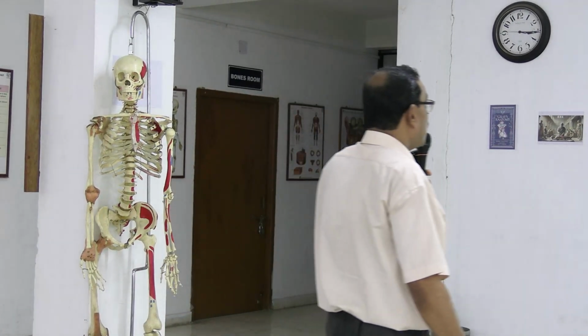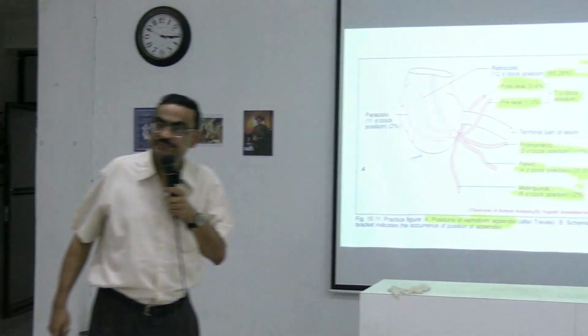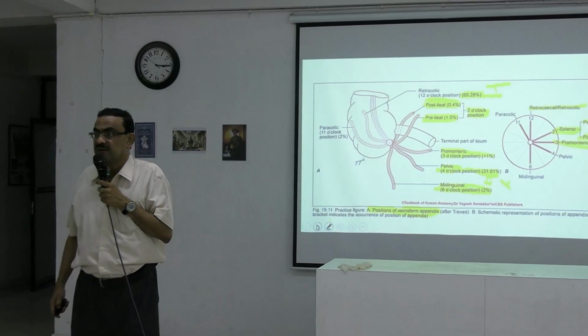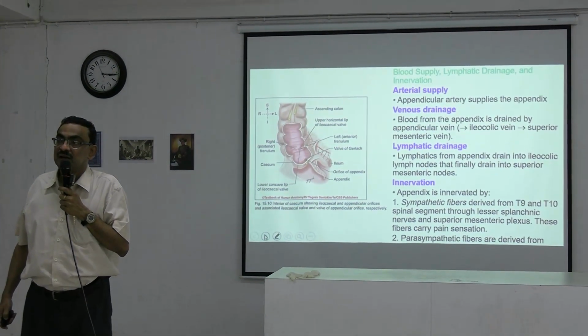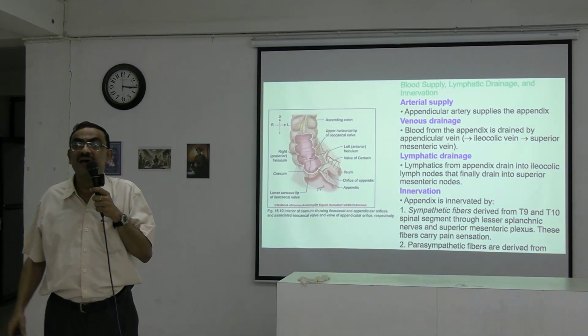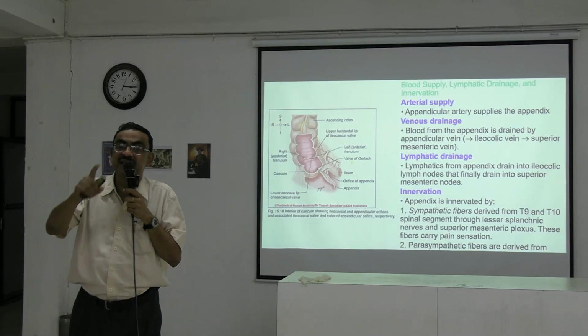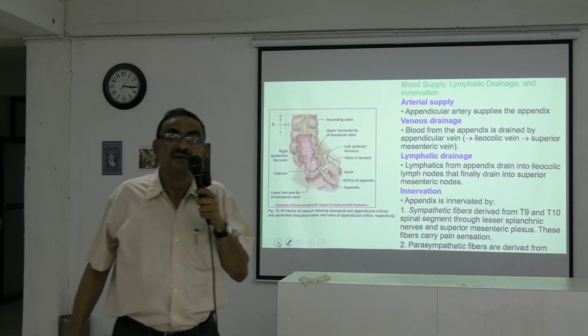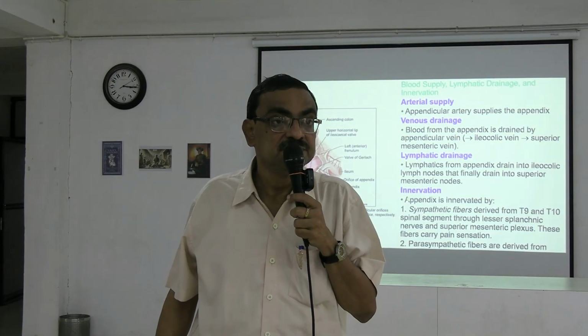Okay. Now you have already seen the blood supply, and why affection of this organ is very common. Before that I must mention that this is a part of the large gut.